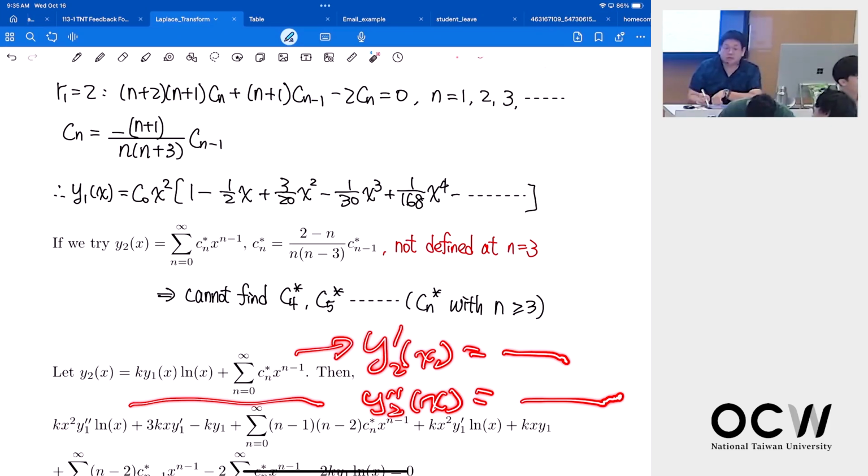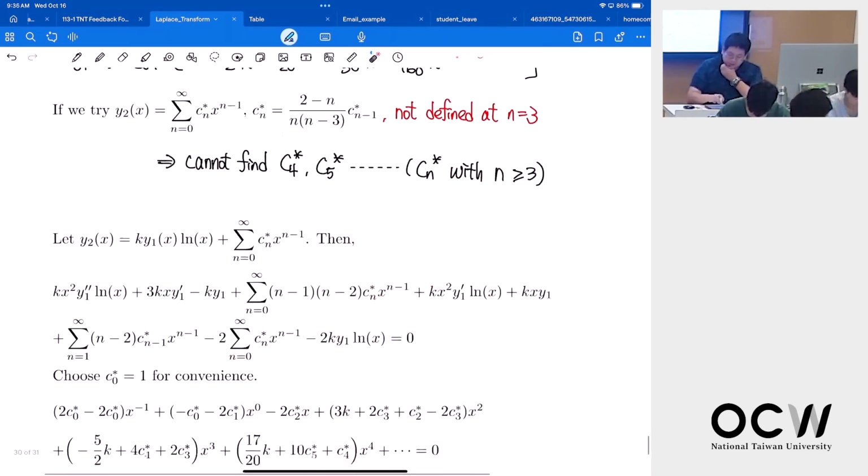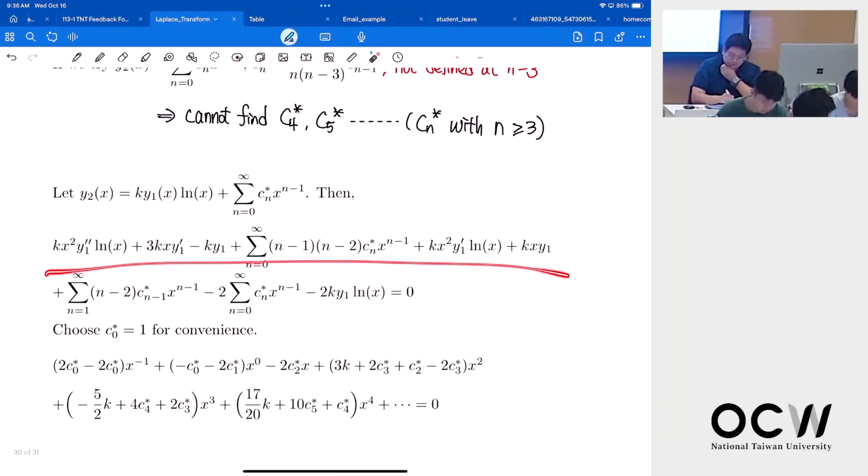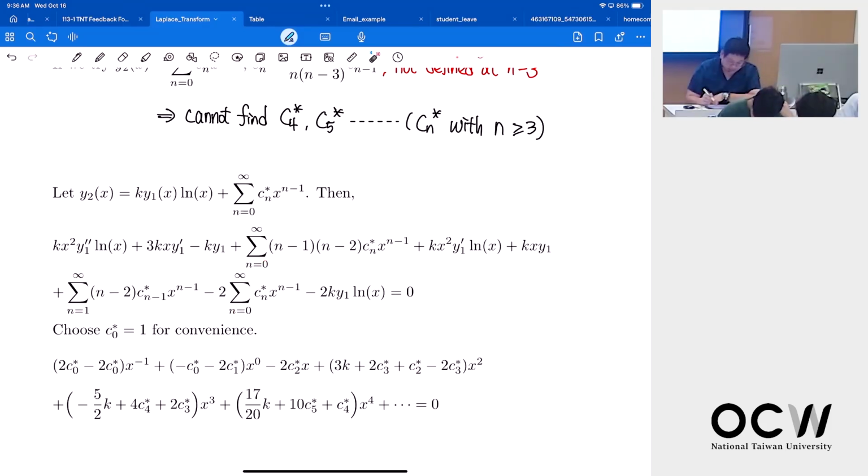As you can see, it is tedious work. You bring this back to the original equation, and at home you really need to do that at least one time.